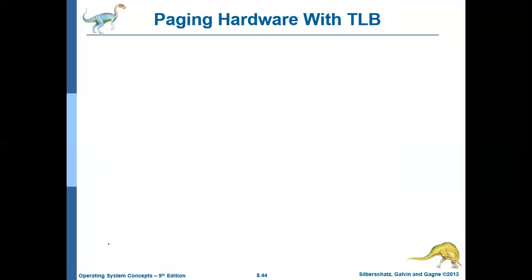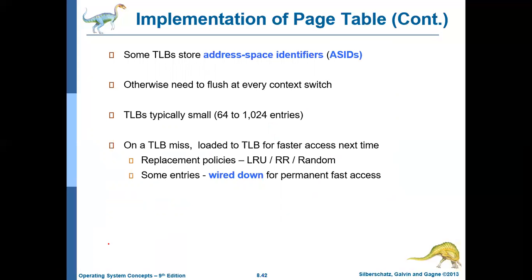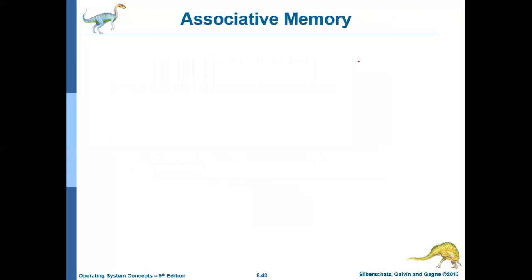Okay, fine. Now coming to the next part, some of the TLBs also include something called ASID, address space identifier. Okay, so what is this address space identifier? Let us see this particular diagram.